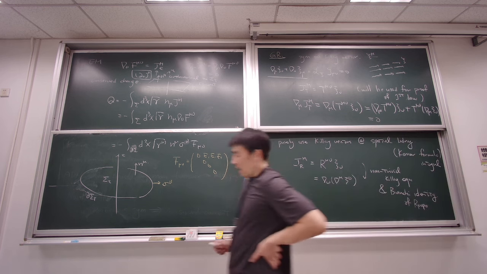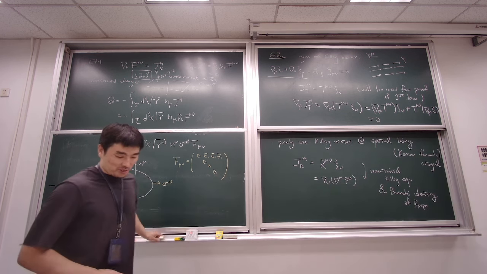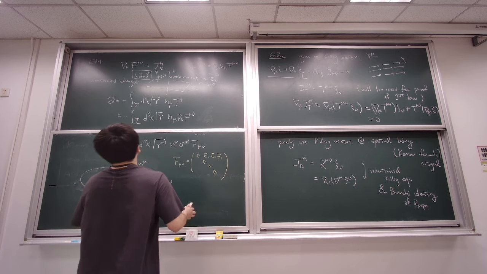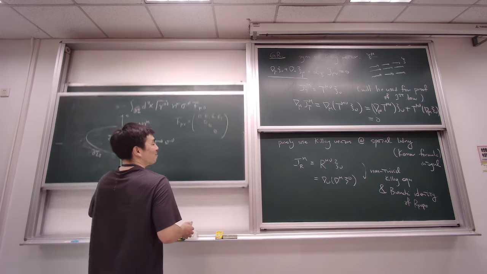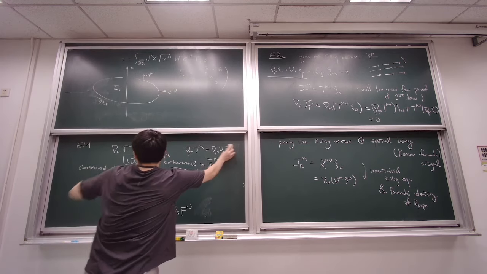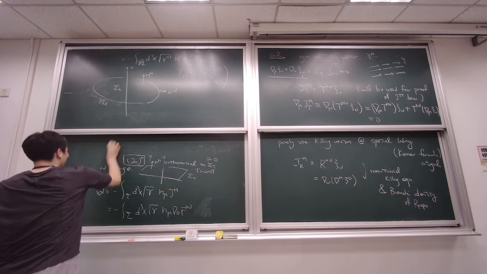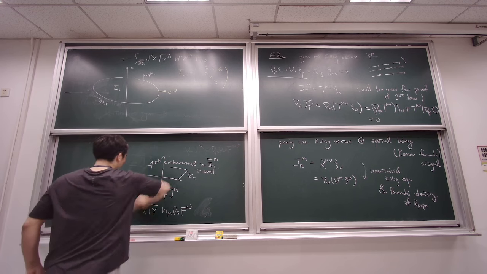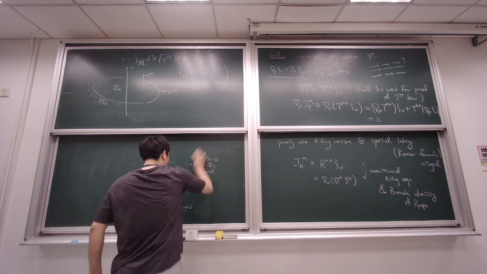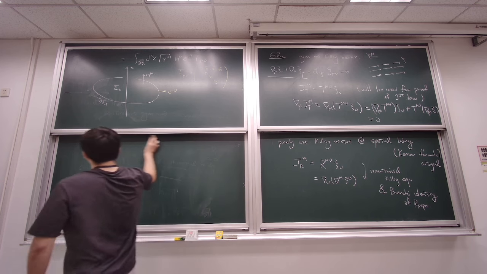Do you want me to derive it, or it's written in the appendix I wrote? Because I'm pretty sure if I do it again from scratch, it takes a lot of time, so I just wrote it down in the appendix. Do you want me to derive or not?